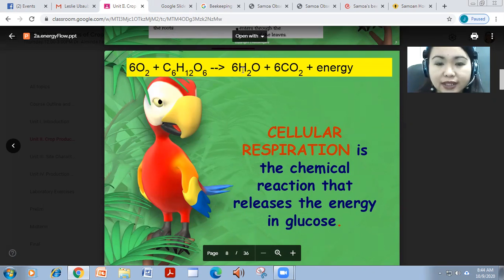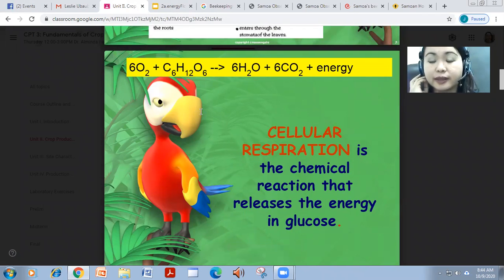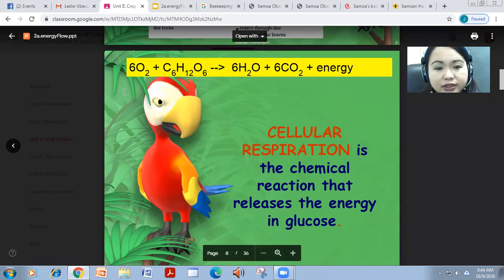So this is a very familiar formula. This is actually the opposite of the photosynthesis formula, which we call cellular respiration. Cellular respiration happens in both plants and animals.